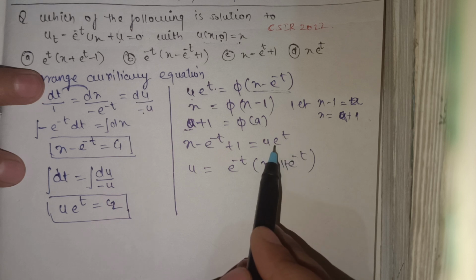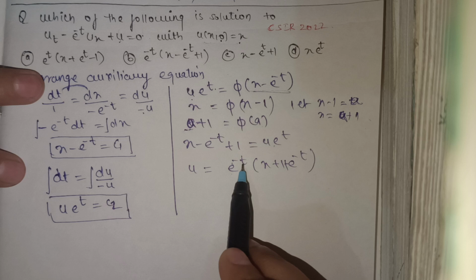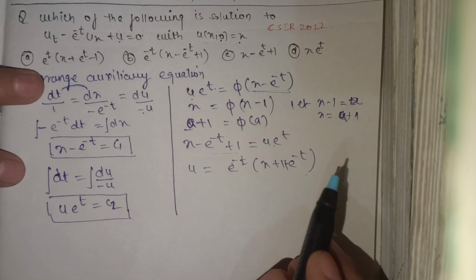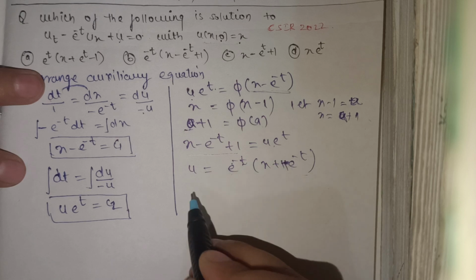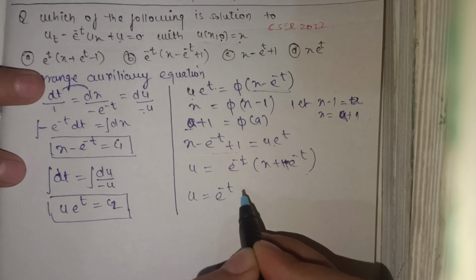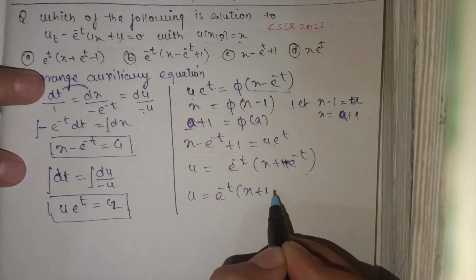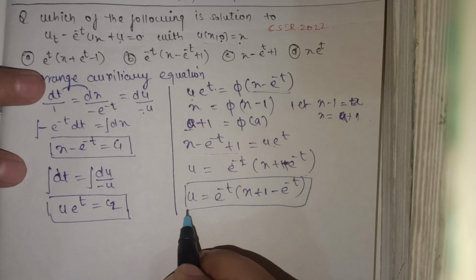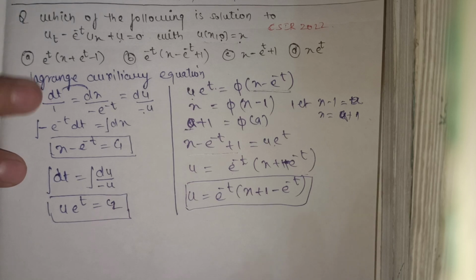Here e raised to the power minus t goes to the other side, so it becomes e to the minus 2t, and then it becomes negative. So our required answer is e to the minus t, x plus 1, minus e to the power minus 2t. So this is the required solution.